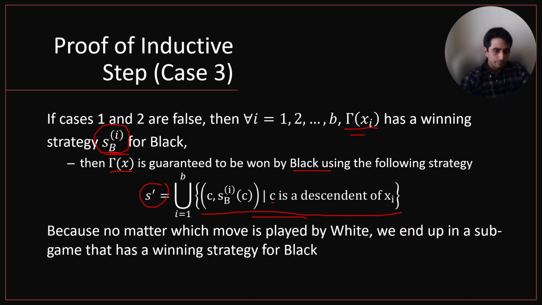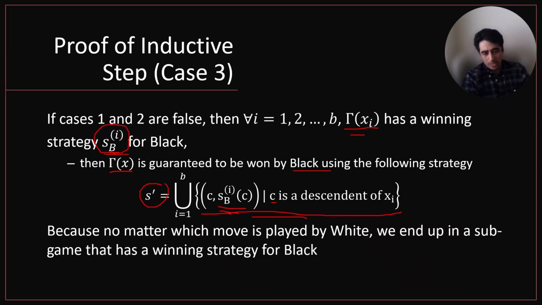If c is a descendant of xi in the game tree, then we are going to choose its next move using the winning strategy SB i. So for subtree x1, we're going to choose the moves from the first winning strategy for black.